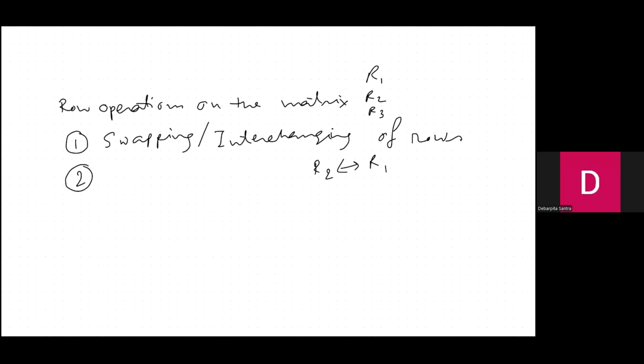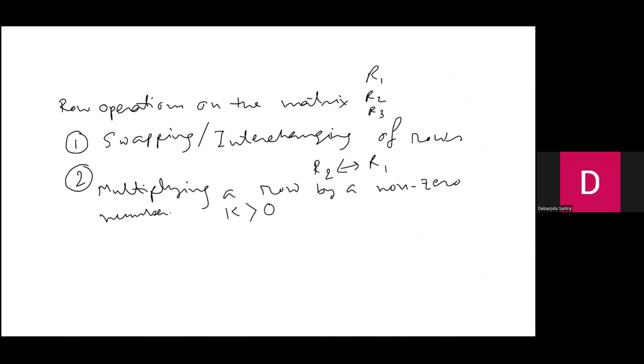Okay. Second one is the multiplying row operation. That is, multiplying a row by a non-zero number. Suppose a non-zero number is k. It may be greater than 0, it may be less than 0, but it cannot be 0.